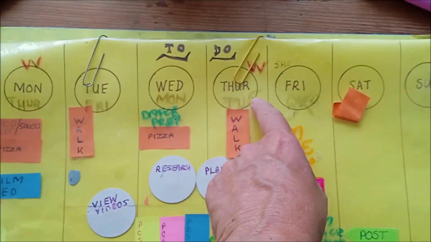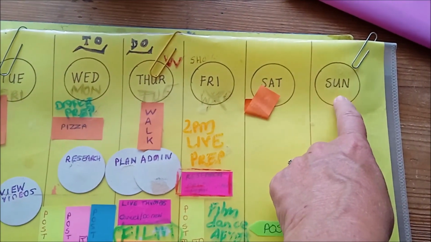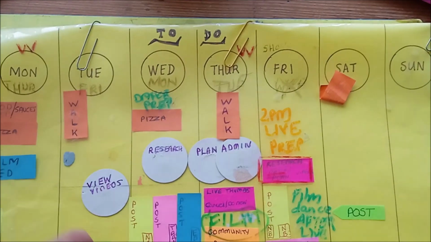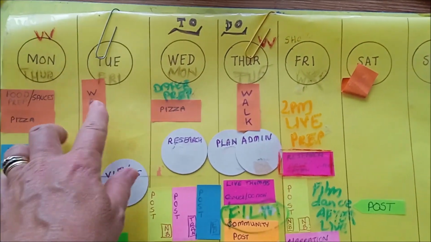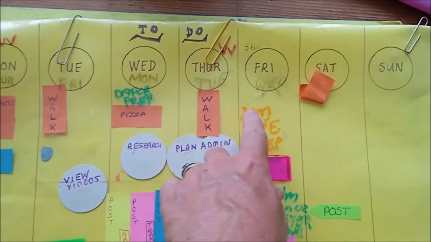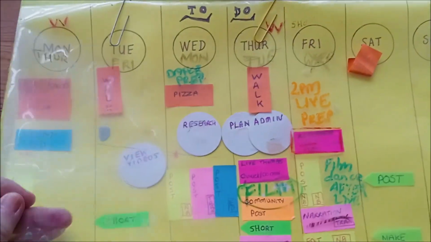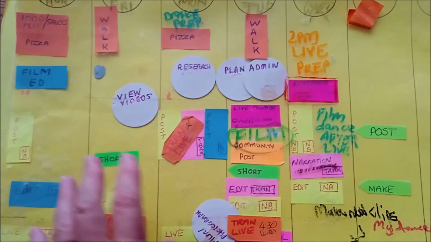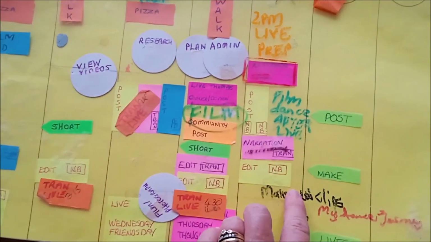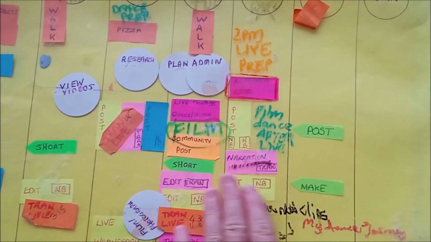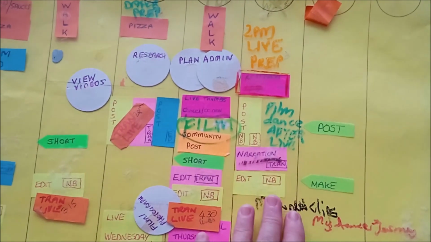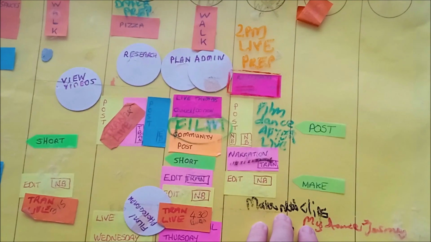So again, you can write your own calendar of days across the top. You can put in things that are permanent for what you want to do. Because it's in plastic, you can use a china graph pen, which is a pen like this you can write on, and you can just wipe it off with a slightly damp piece of kitchen towel.